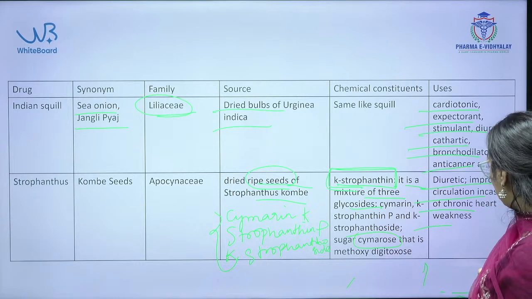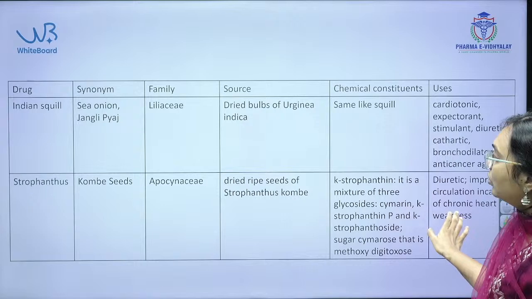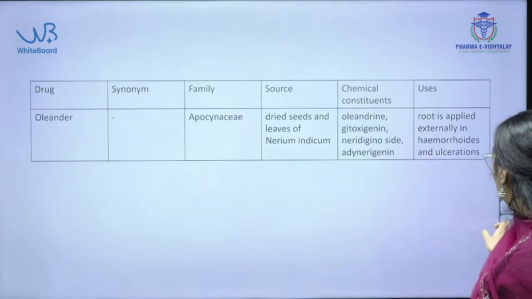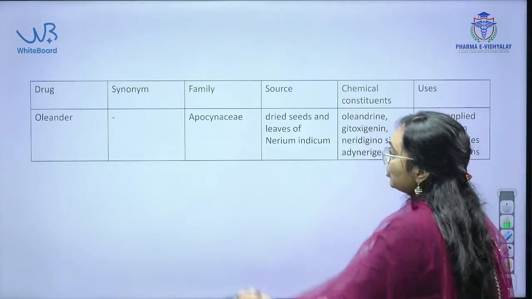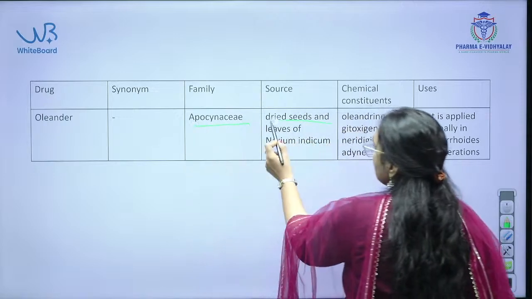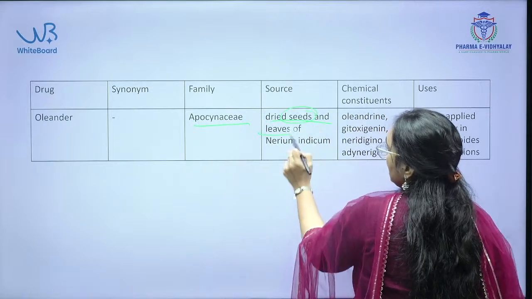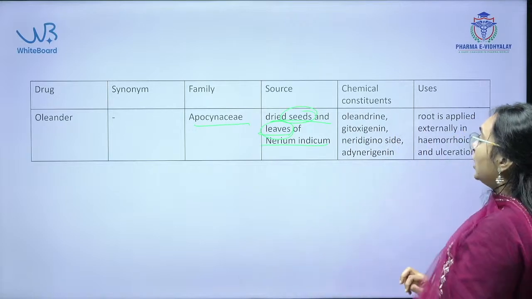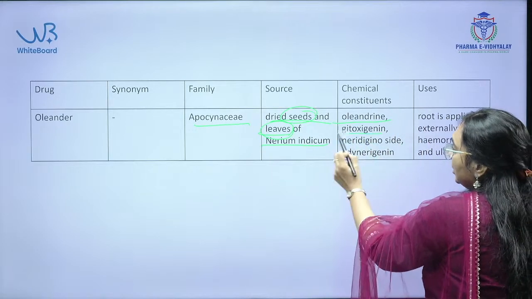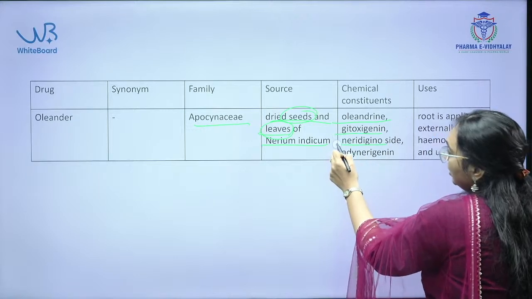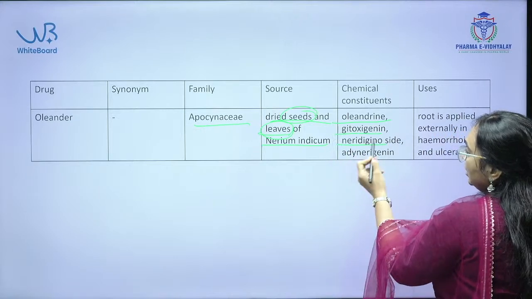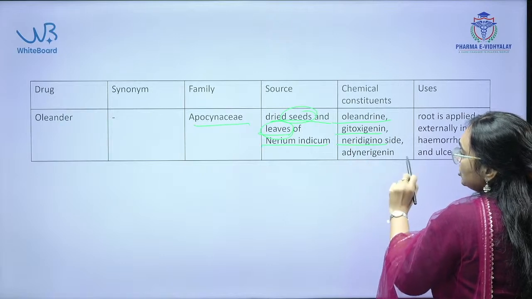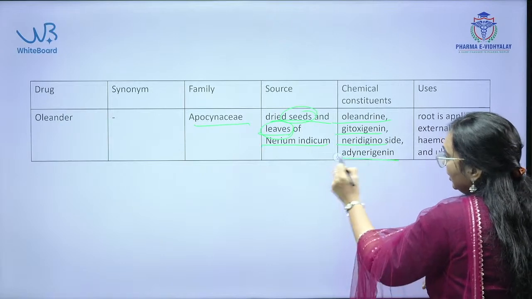Okay. This is all about the individual profiles. One more drug is there, that is oleander. Oleander, Apocynaceae family, dried seeds and leaves of Nerium indicum, and chemical constituents are oleandrin, gitoxigenin, neriodoside, and adynerigenin.